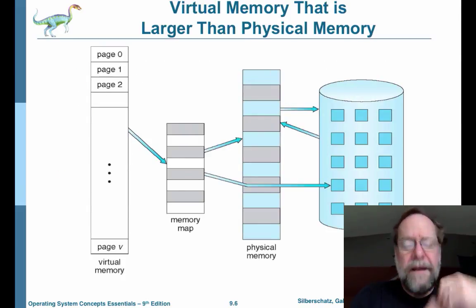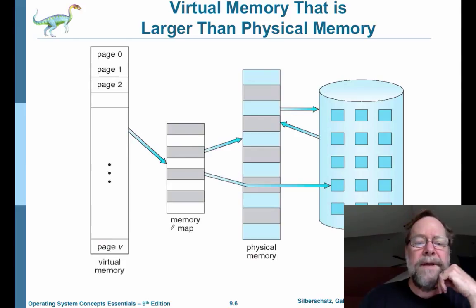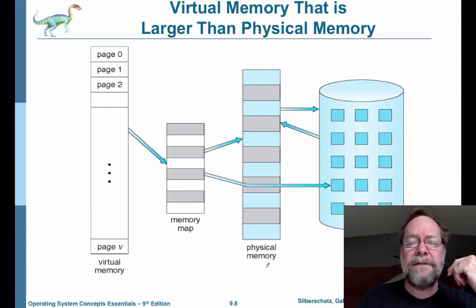So here's a graphical representation of what this might look like. Over here you've got virtual memory, so all the different pages that you have in memory. We're going to have a memory mapping scheme that we're going to look at, and somehow the pages are going to be mapped over onto physical memory. And some of the pages, like this page over here, actually do reside in the RAM, in the physical memory, so that's okay.